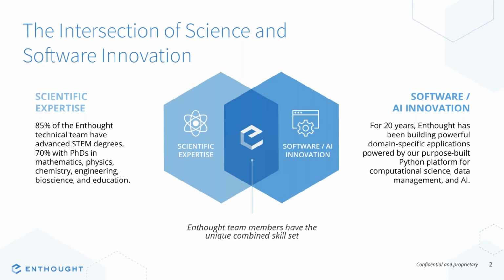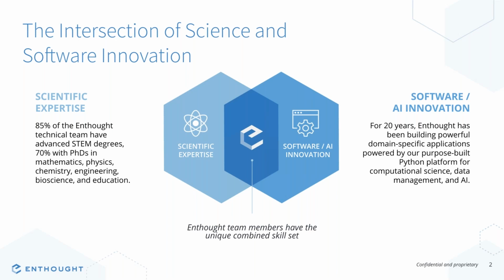So a few words about Enthought first. We've been helping scientists and engineers accelerate their work for the last 20 years. And the way we do that is by combining deep scientific expertise. Most of our people have a PhD or a master's in chemistry, physics, mathematics, with extensive software development capabilities.